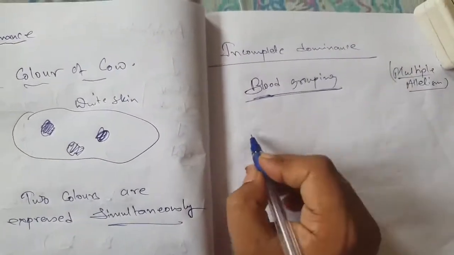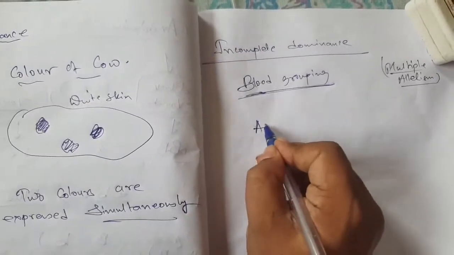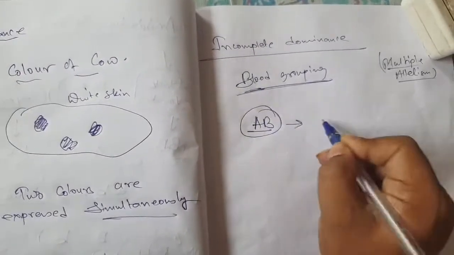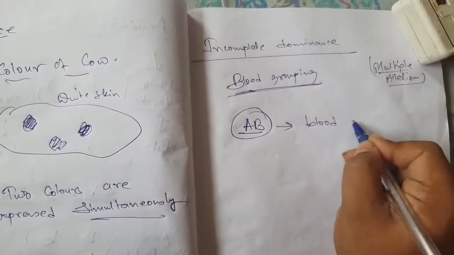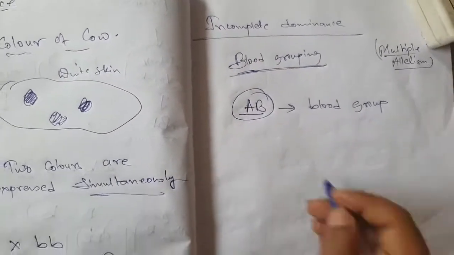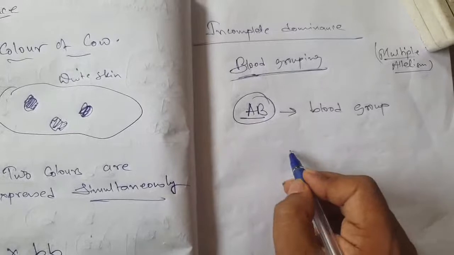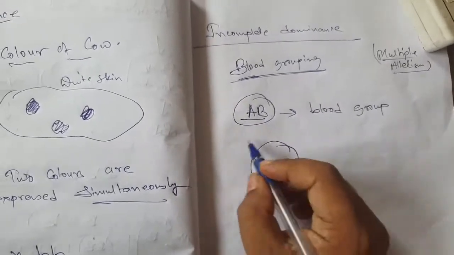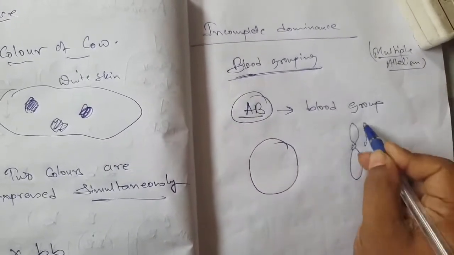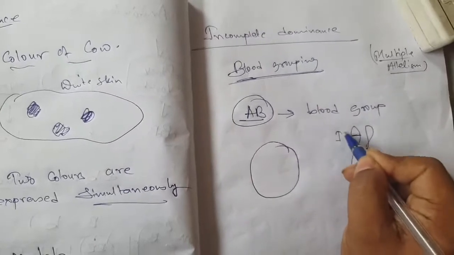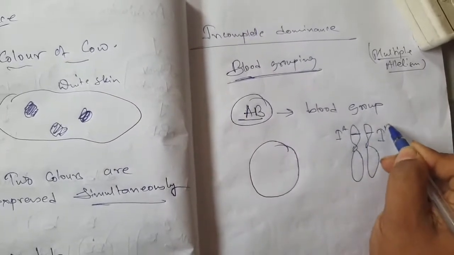But in case of blood grouping, you see when there is a person whose blood group is AB. If a person is showing AB blood group, in his gene the locus will show IA and IB.